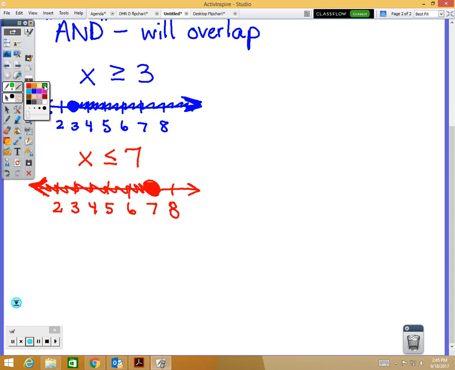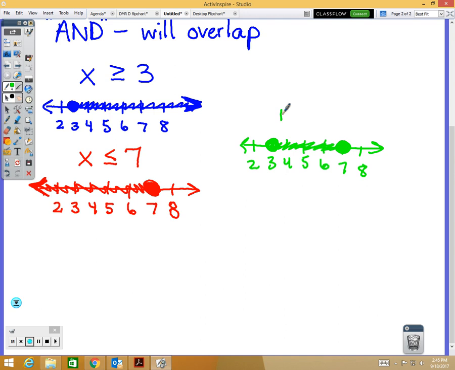Okay, so in common they would have between the 3, a closed circle at the 3 and a closed circle at the 7. That's what they have in common.